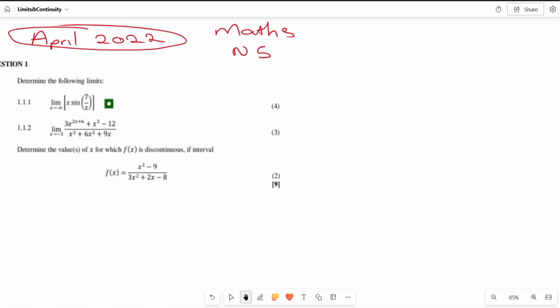The following question is a limit as well. It's a 3-mark question. They want us to find the limit. Let me just rewrite that.